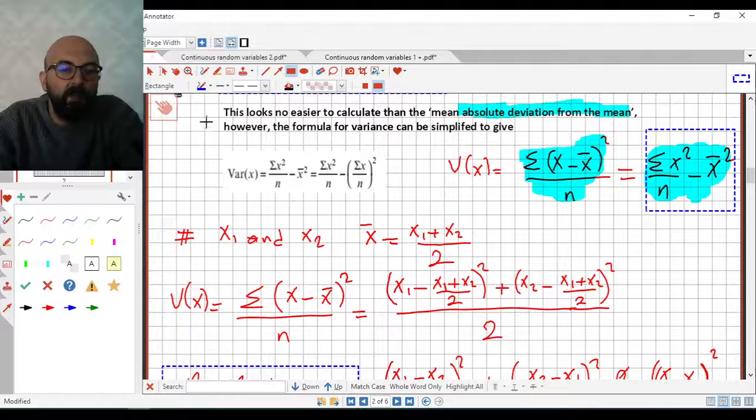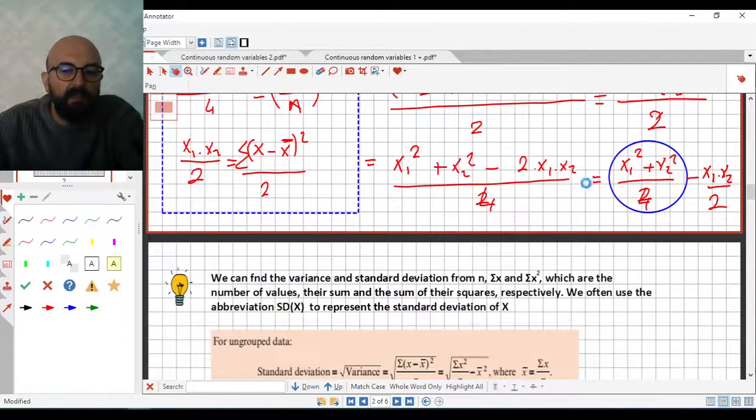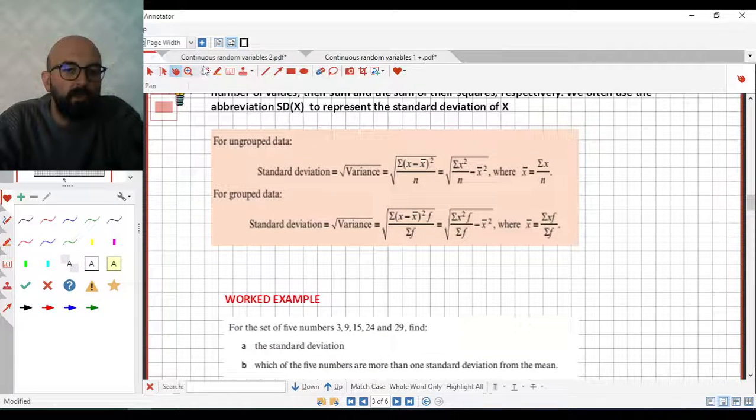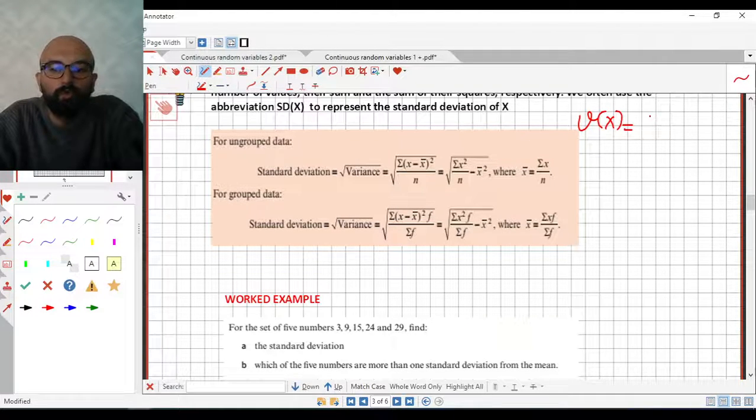Okay, now to summarize, if we want to compute the variance, we should use the sum of all data squared over n minus the mean squared, where the mean is the sum of all data over n.